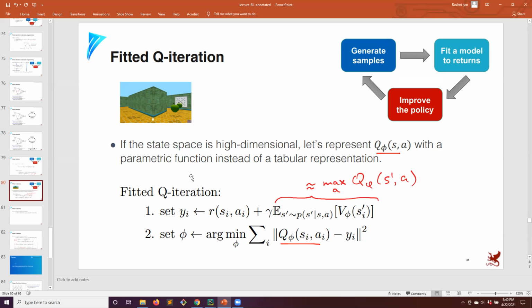We previously parametrized different functions in the past, so let's do that here too. And this is with Q learning.